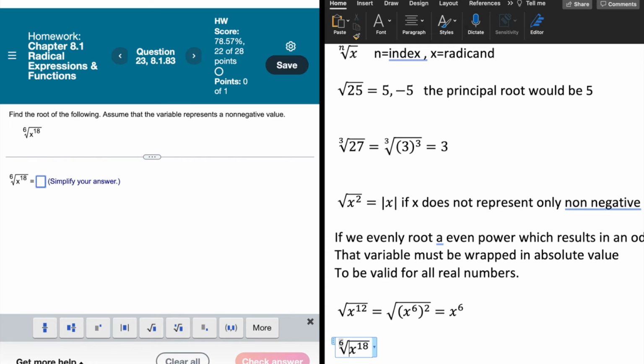How can I write x to the 18th as something to the 6th power? Well, I could write that as x cubed to the 6th power, because then the 3 and the 6 would multiply because that's the power to power rule. And now that 6th root and the 6th power will cancel, so the answer is simply x cubed.